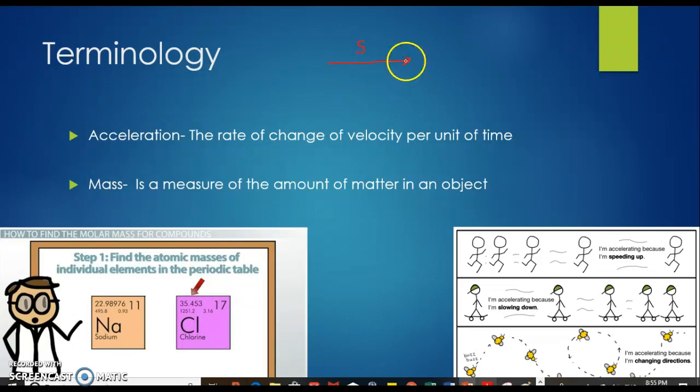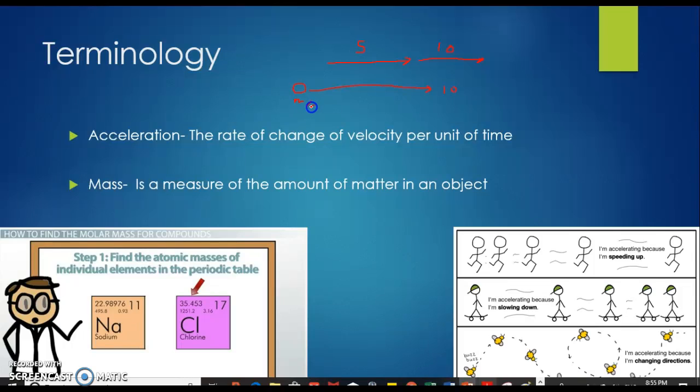If you speed up from 5 miles per hour to 10 miles per hour, then you accelerated for a while. But if you continue going 10 miles per hour, then there's no more acceleration. So you need acceleration to go from 0 miles per hour to 10 miles per hour, or any speed that's greater or even below 0. You need some acceleration to get from that point to that point.